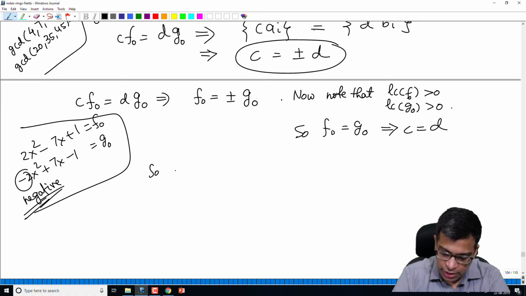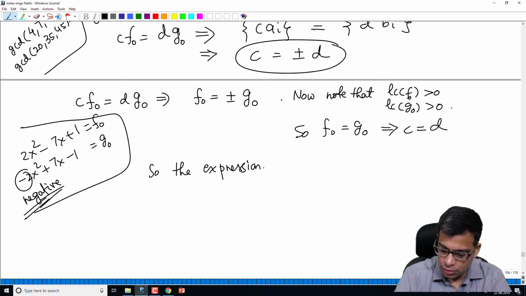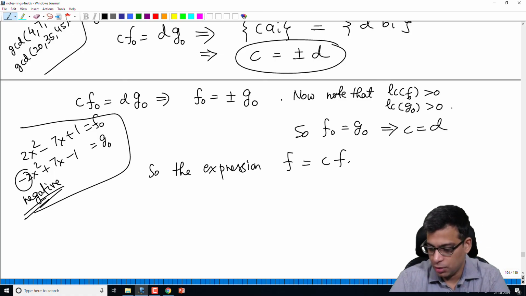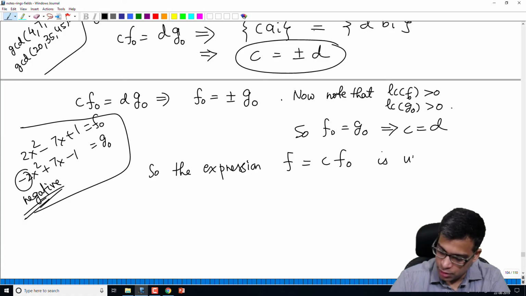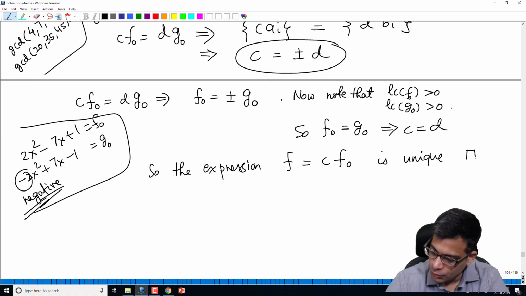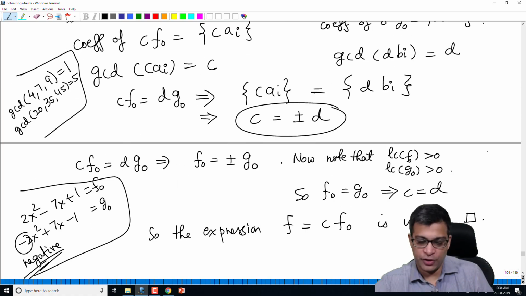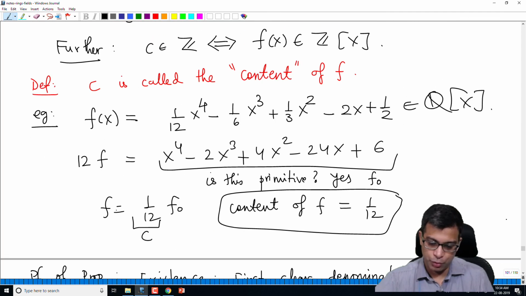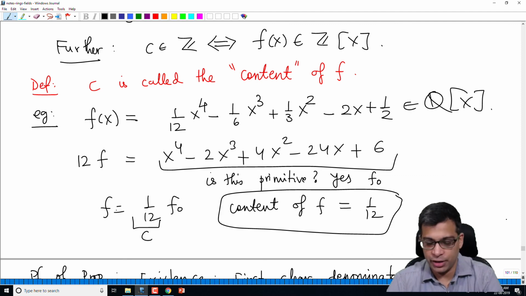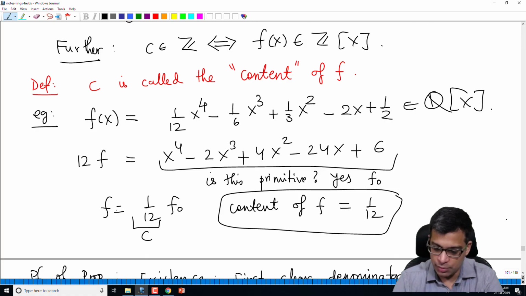So this shows that the expression of any arbitrary rational polynomial as its content times a primitive polynomial is unique. Okay, so this is the proof of this proposition. In the example that we did before proving this proposition, this particular rational polynomial has content 1 by 12 and F0 is the primitive polynomial.